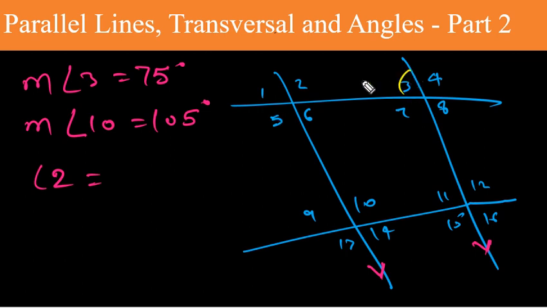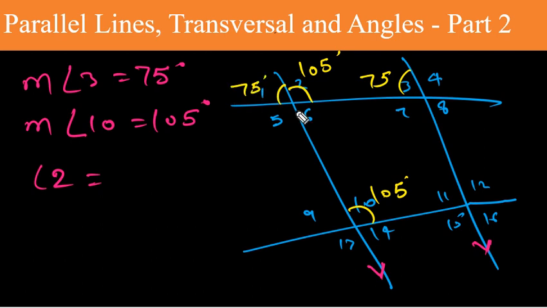Okay, let's check. 3 is 75, 10 is 105 degree. So angle 2 how much? Corresponding angles. This is 105. How much will be angle 1? 75. Linear pair 180, 105. Or else corresponding 75, 75.